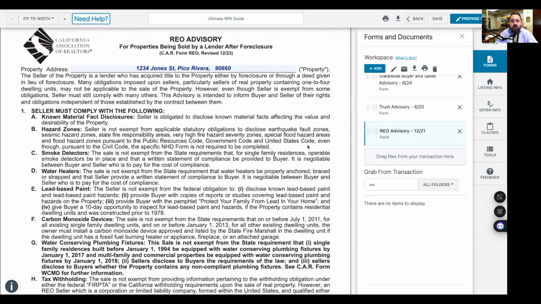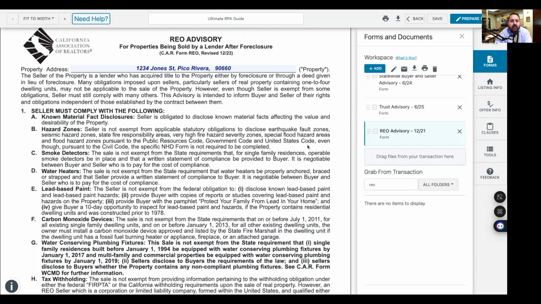There is a form called the ESD, exempt seller's disclosure, and these trusts, REOs, and probates are required to provide that ESD. They're also required to provide some of these other mandated disclosures, or all of these mandated disclosures. They're required to provide those because the state requires that. It's not a real estate thing, it's a state of California thing.